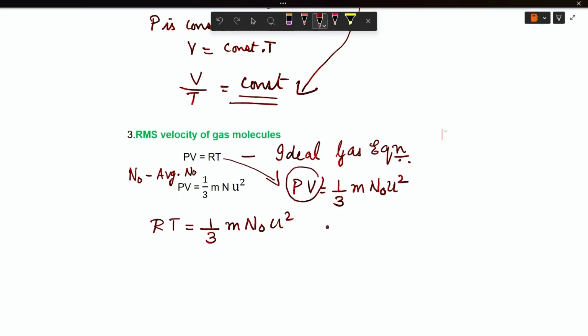Mass of one molecule multiplied by Avogadro number gives the mass of 1 mole, that is m into N0, mass of 1 mole, which is equal to the molar mass capital M. I am going to substitute that over here. This is the molar mass.